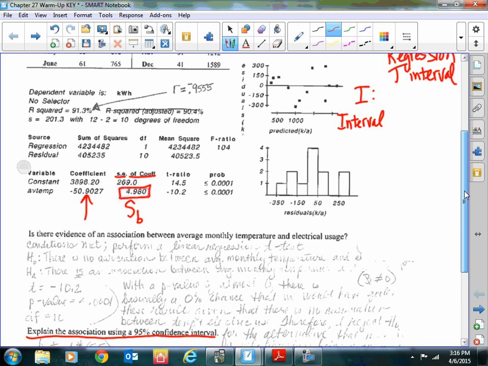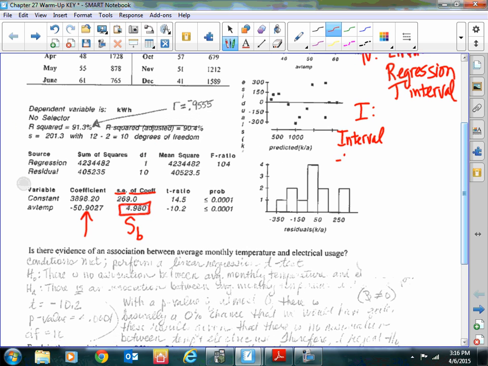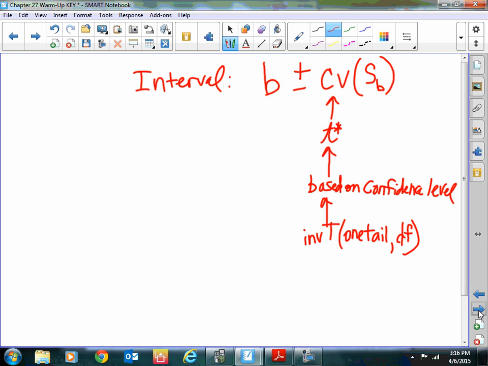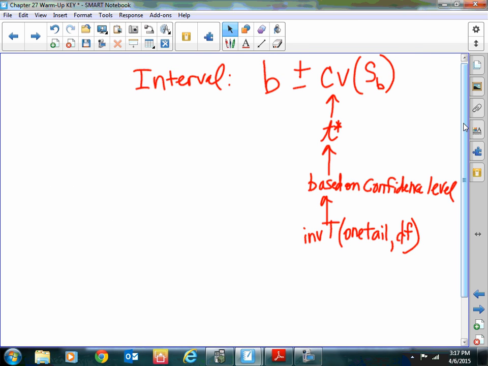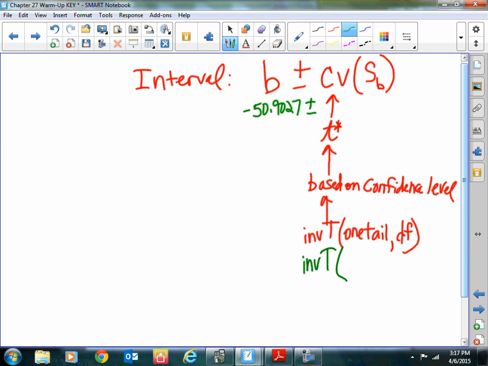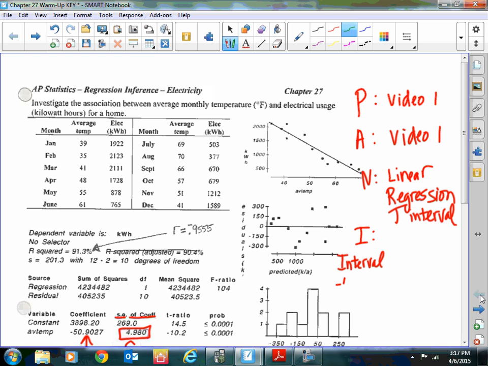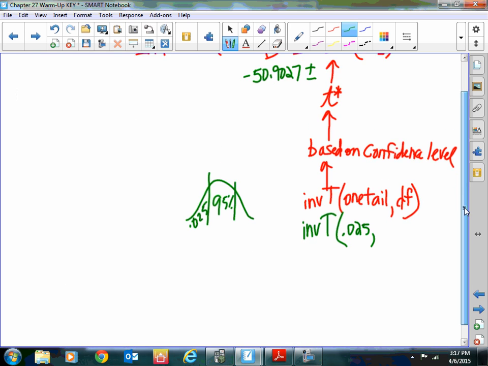So what we've got is negative 50.9027 plus or minus, and I believe this said 95% confidence, so I'm going to go inverse t of, if 95% is in the middle, then 1 tail has 0.025 in it, and the degrees of freedom are 10. Yes, it says there 10 on the computer model.